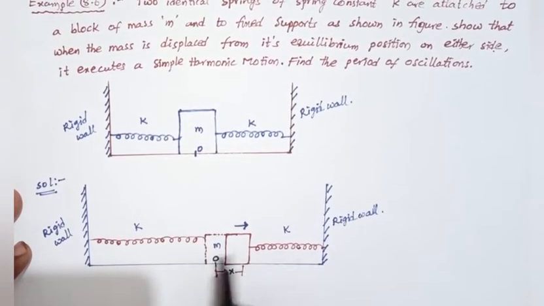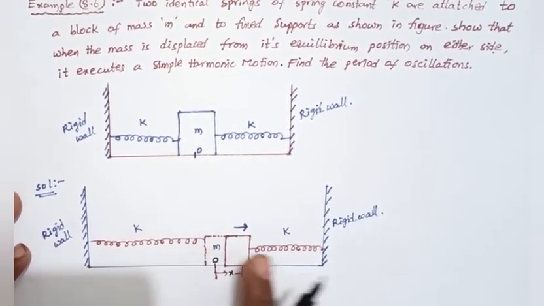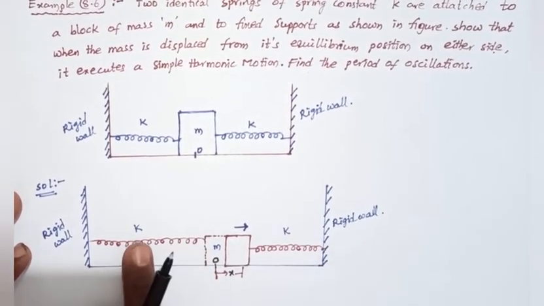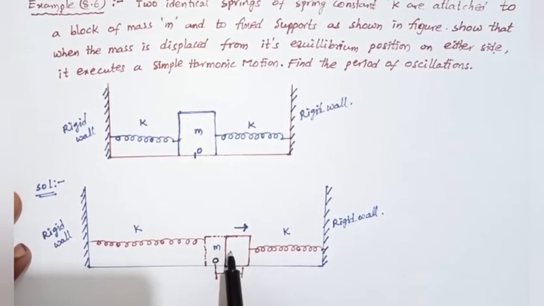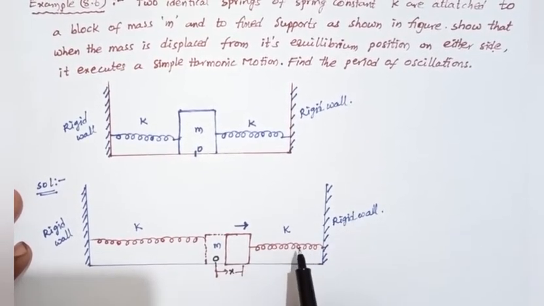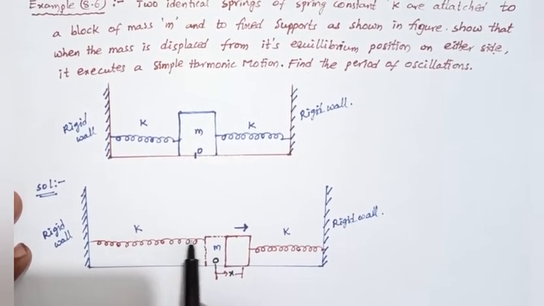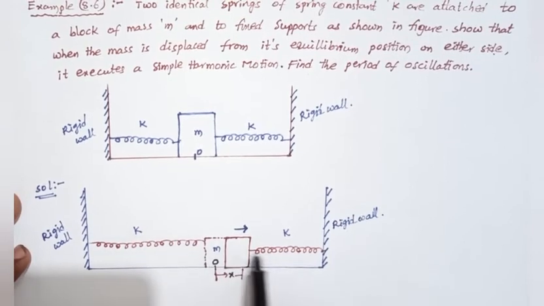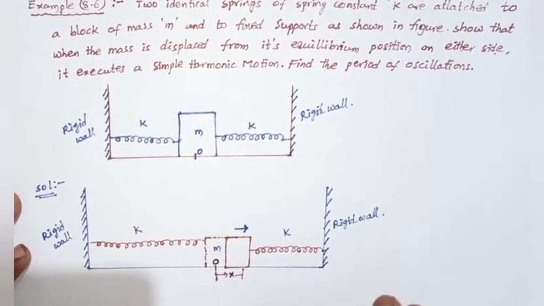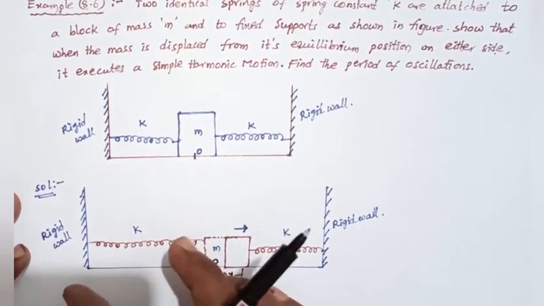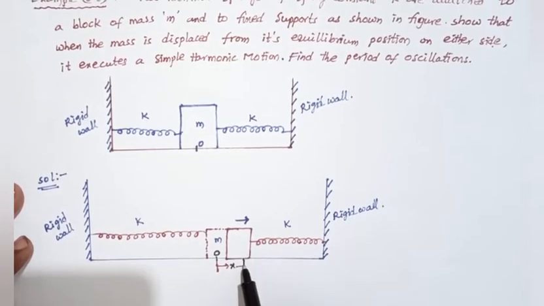One spring is enlarged and the other is compressed. The left side spring is enlarged, and the right side spring is compressed closer. So then what happens here?